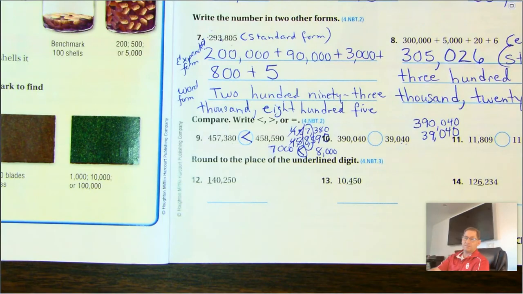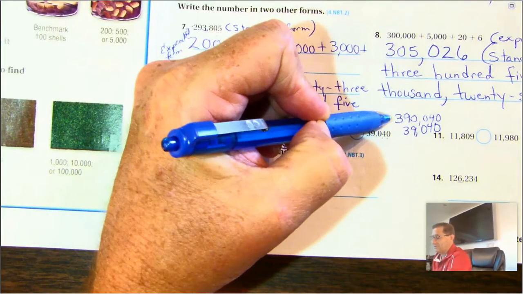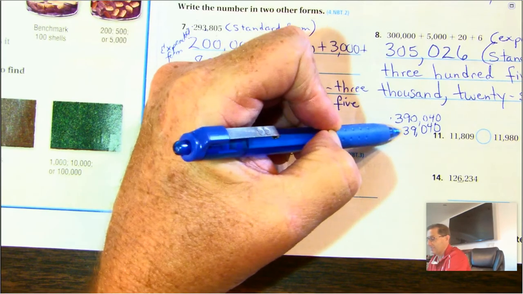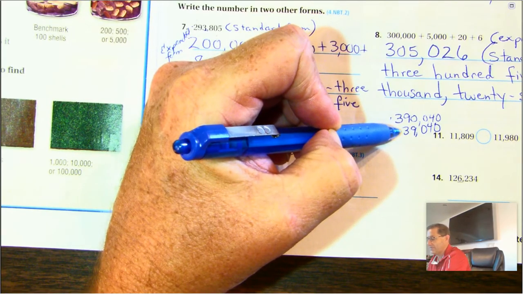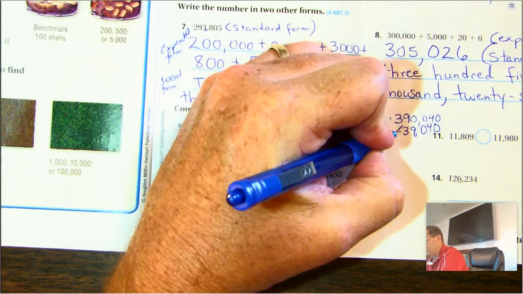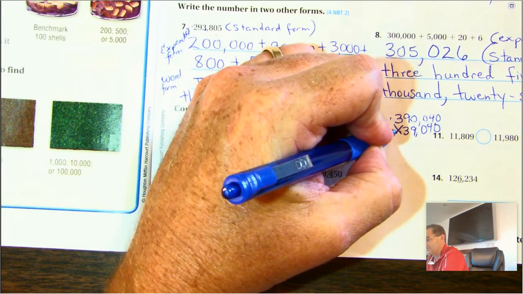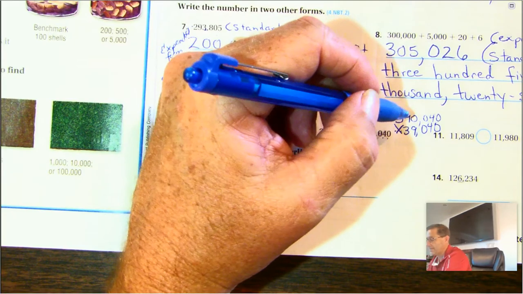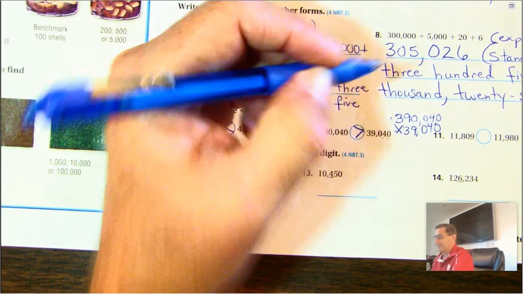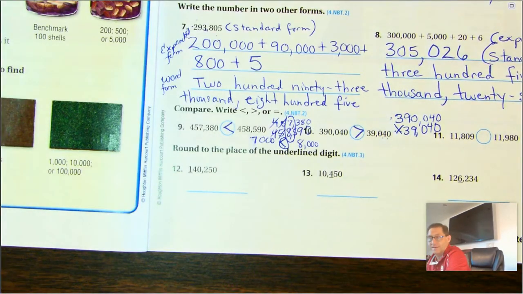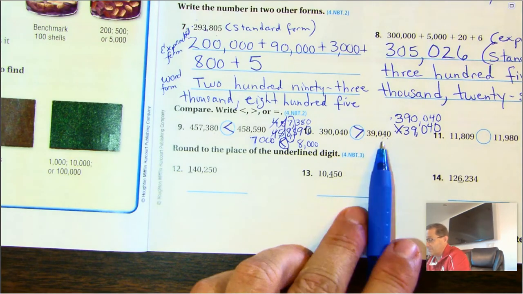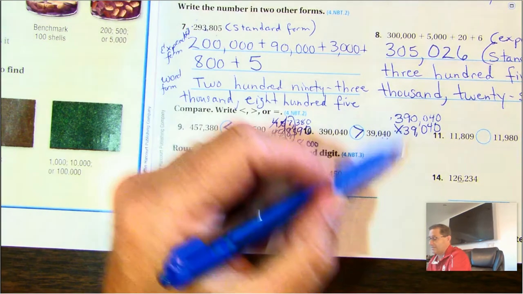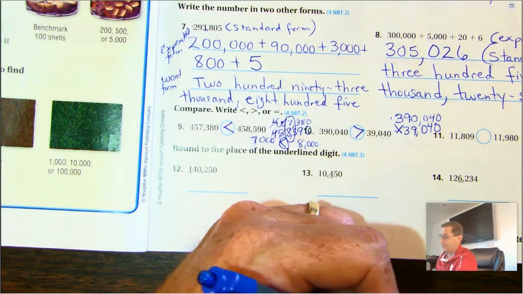So I notice right away that my first number had 6 place value digits, and my second number has 5 place value digits. So this one doesn't have any 100,000s. So this first number, 390,040, is larger than 39,040. They look very similar. And if you were in a hurry, you might say, oh, those are equal. So that's why it's helpful to line them up by place value.